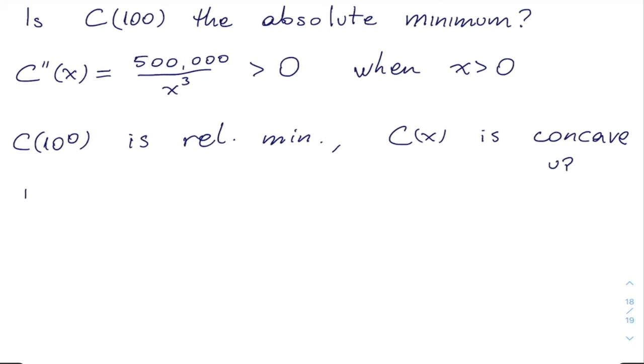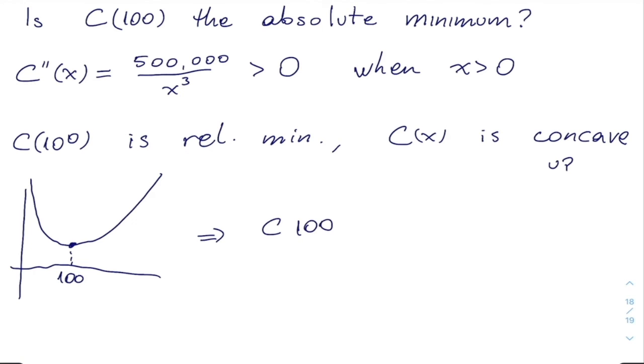So the shape of our function when x is positive looks something like this. And this point here is the relative minimum we found. So these two facts together imply that at 100 we found our absolute minimum.